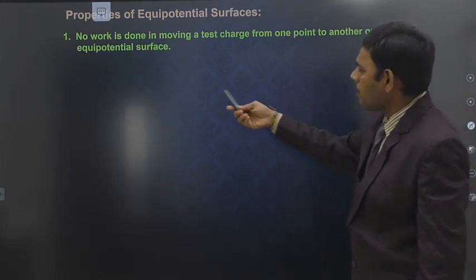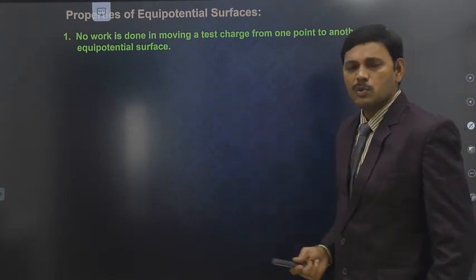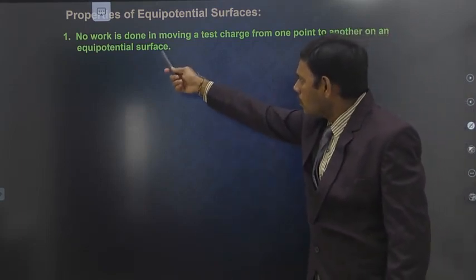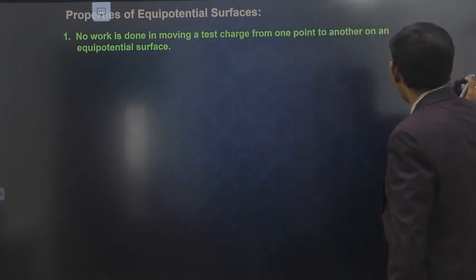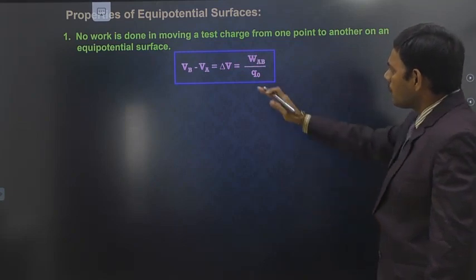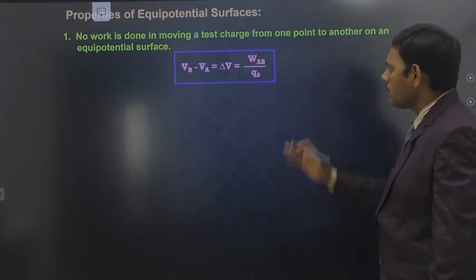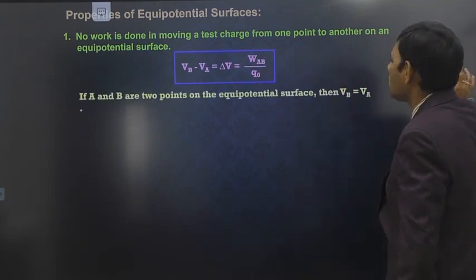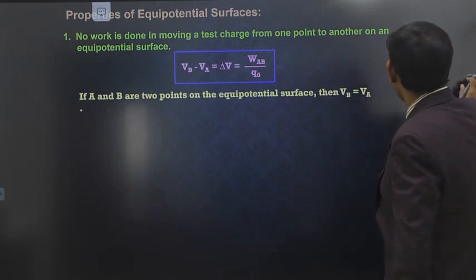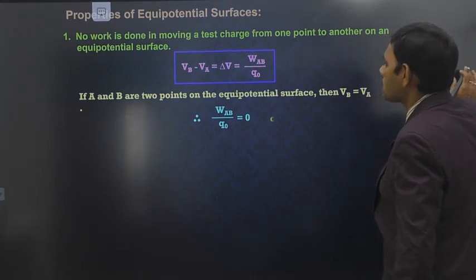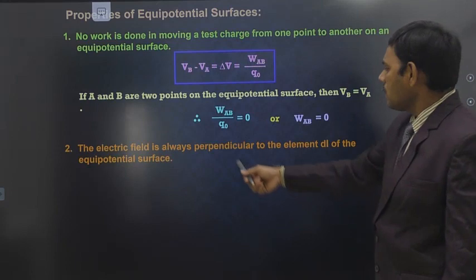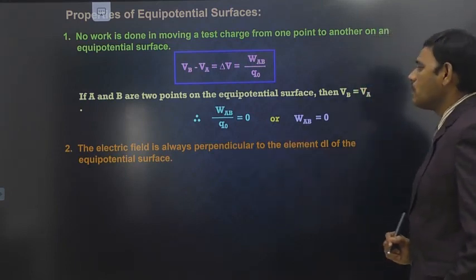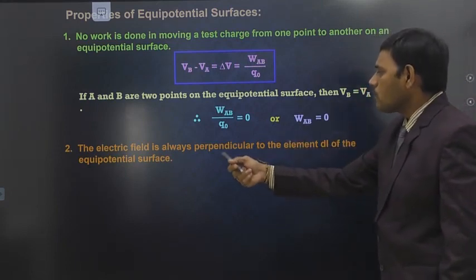As I explained so far, by using those pictures, no work is done in moving a test charge from one point to another point on an equipotential surface. So VB minus VA, delta V, is 0, hence work done is equal to 0 on any equipotential surface. VB must be equal to VA, potential is the same, hence work done is 0. That's what we concluded already. And the next point, the electric field is always perpendicular to the element dl of the equipotential surface.